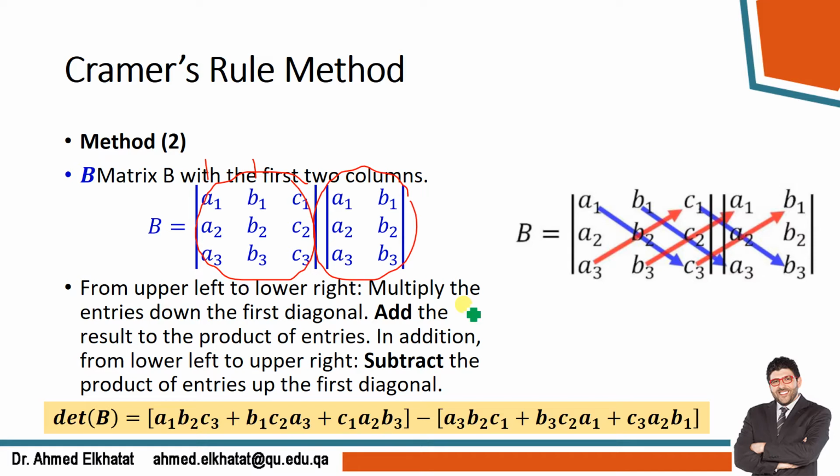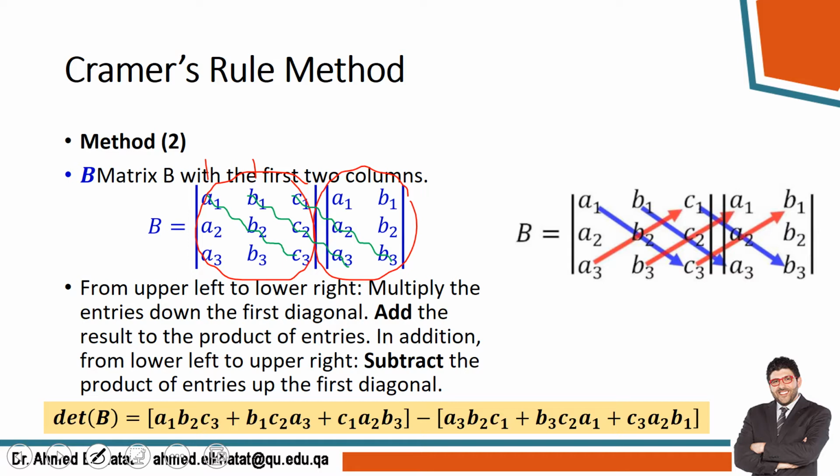It will be A1 times B2 times C3, plus B1 times C2 times A3, plus C1 times A2 times B3. There are three diagonal products, each a combination of three items, and all of them are plus.